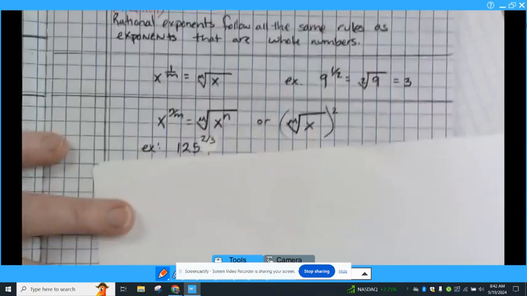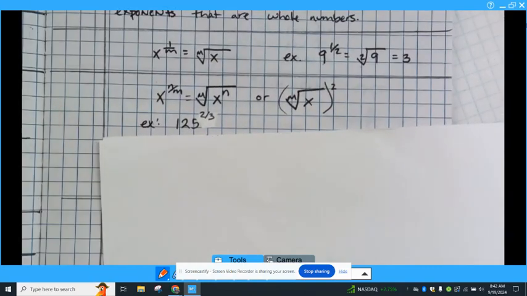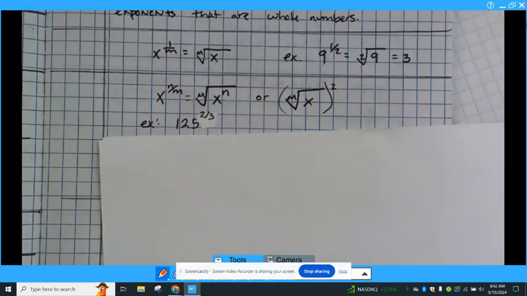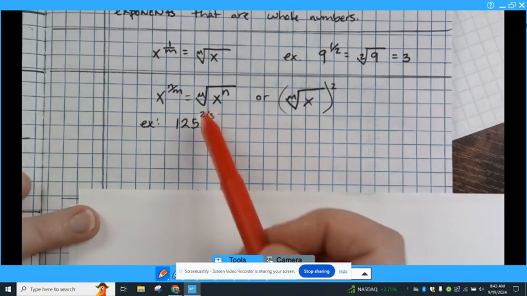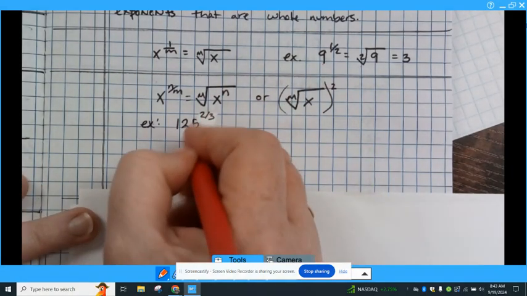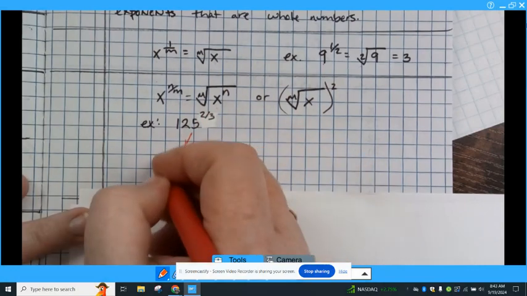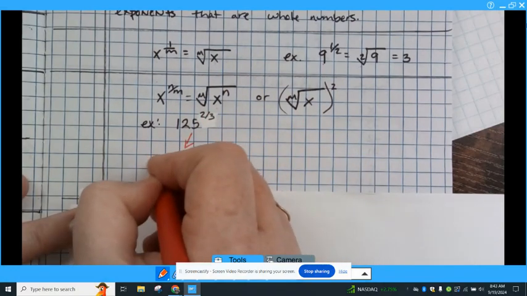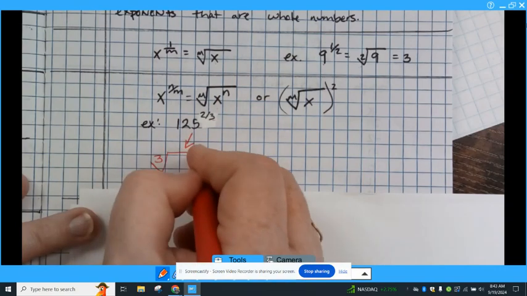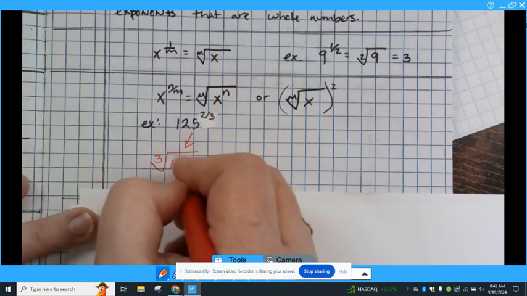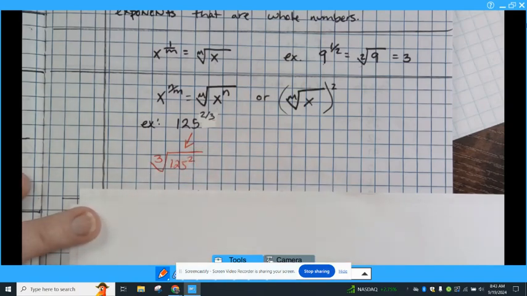The example I'm going to show you is 125 to the power of 2/3, and I'll show you both ways. The first way: I could say the third root, because that's our denominator, so our root is 3. The third root of 125 squared.